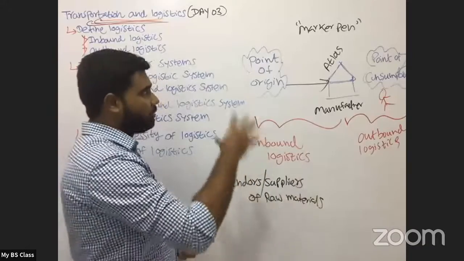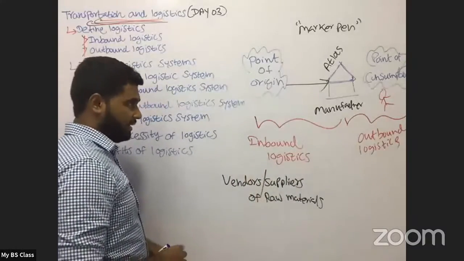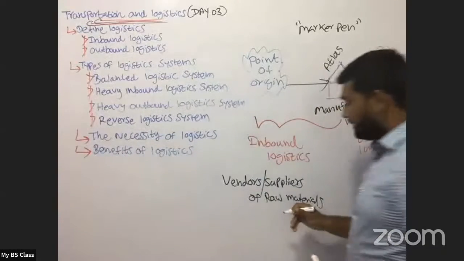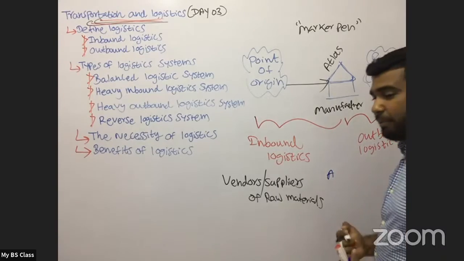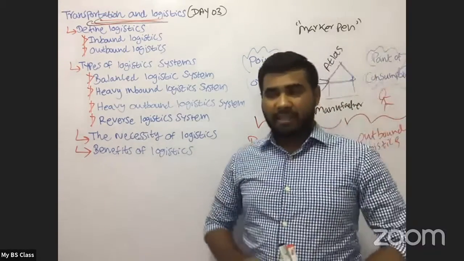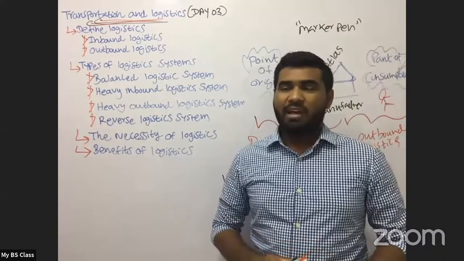So what I'll explain using this one: here you have the vendors or the suppliers of the raw materials. There could be several suppliers. Then they reach the manufacturer. Here you have the Atlas company's warehouse. In the future, we'll be studying a system called JIT.